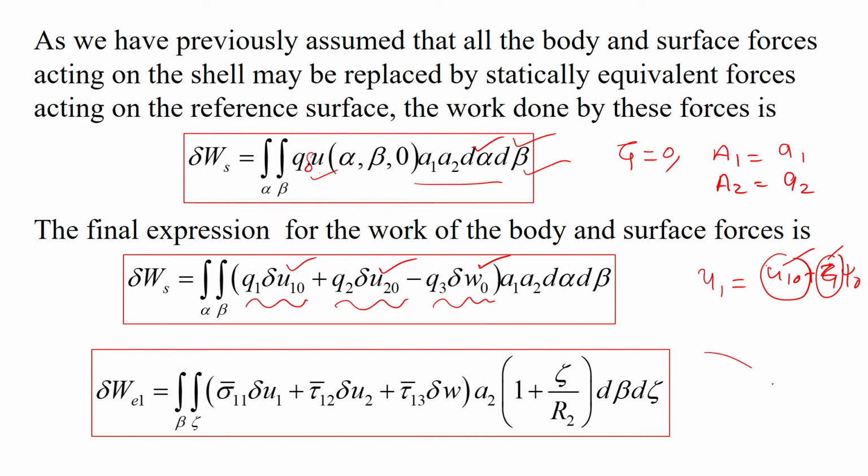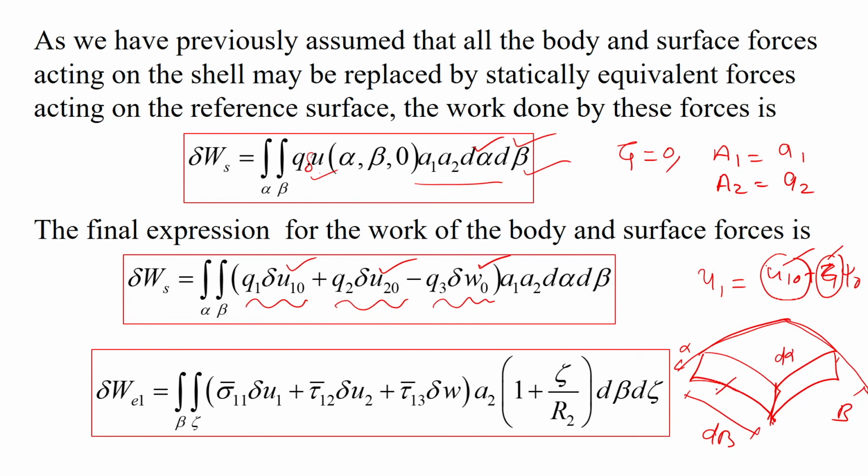Now, on the edges, the work done, where this is my beta s and this is alpha s, will involve d beta and d zeta. So, the normal will be sigma bar 11 into del U1.